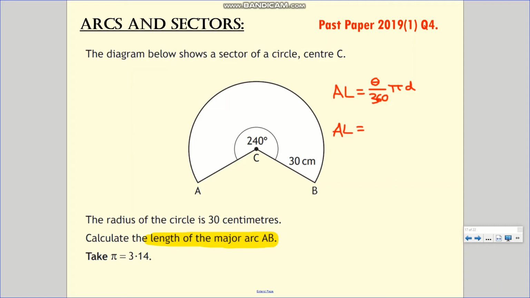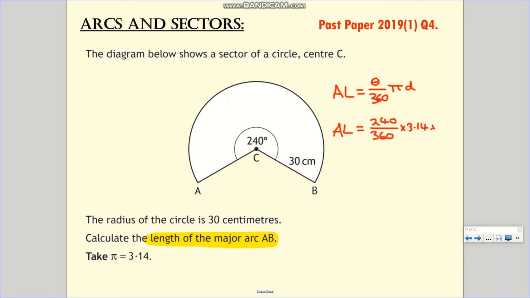Okay, the second step of this calculation is to substitute in the details from the diagram. So I'm going to substitute in 240. I'm going to divide it by 360. I'm going to times that by pi, which is 3.14 in this question, or that's what we're saying pi is going to be.